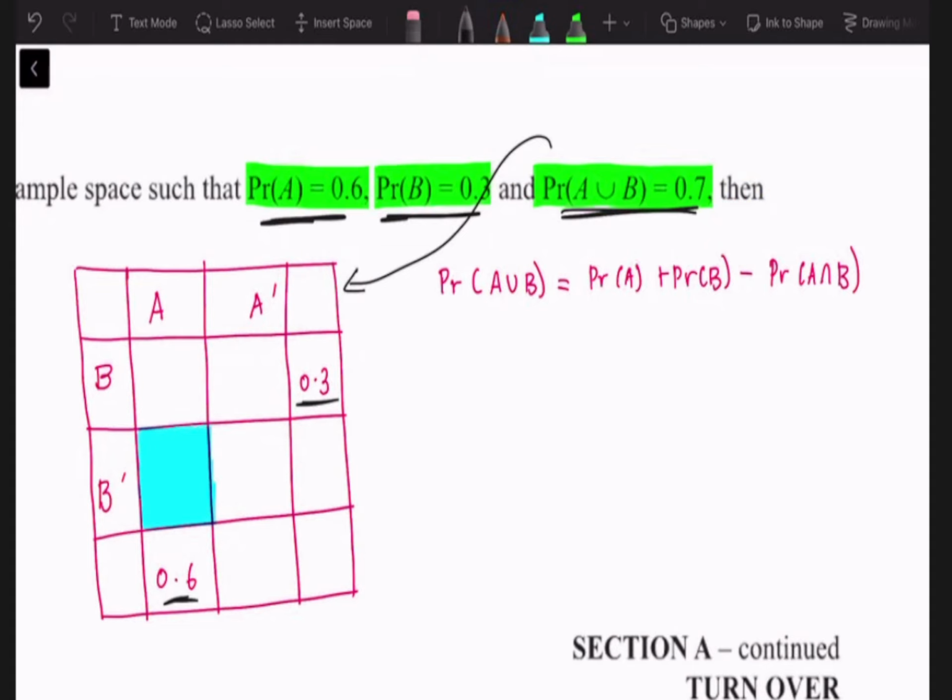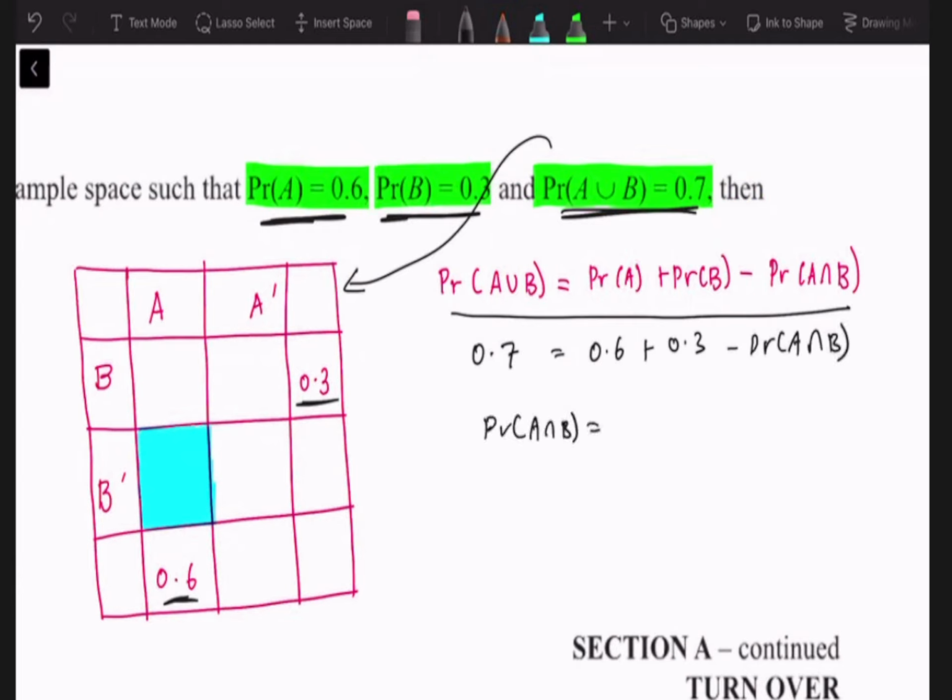But we can get the intersection of A and B through here, because we know the formula for union is this one. If we sub in all the things we know, 0.7 is 0.6 plus 0.3 minus the probability of A intersection B. We find the probability of A intersection B is just 0.2.